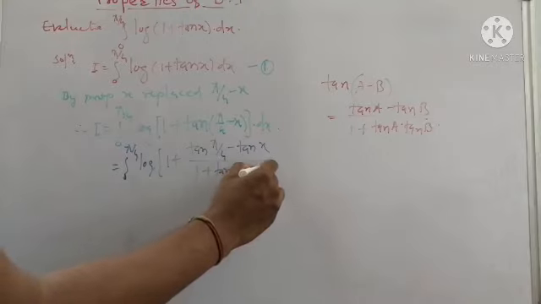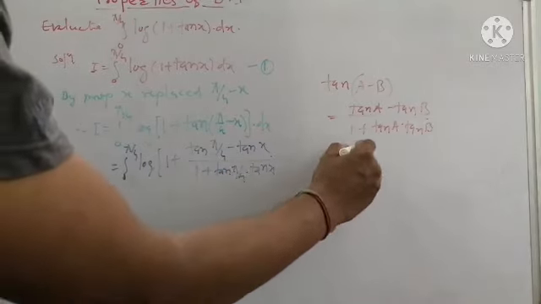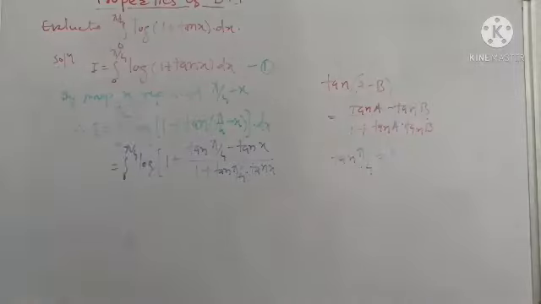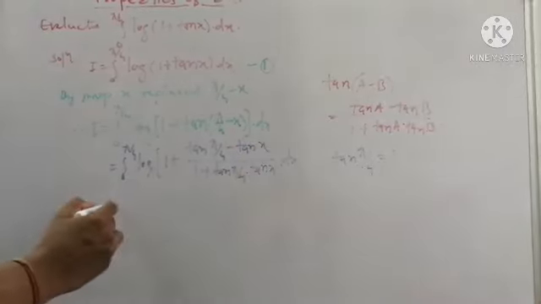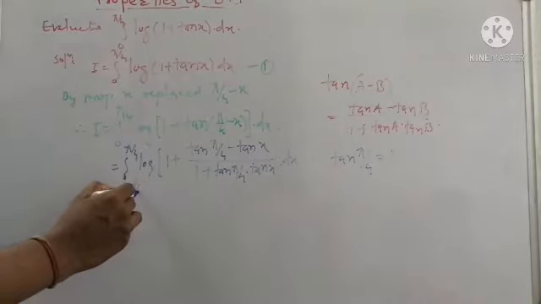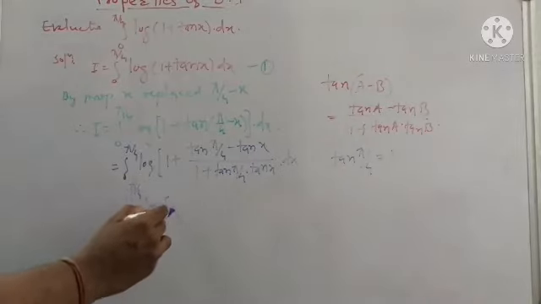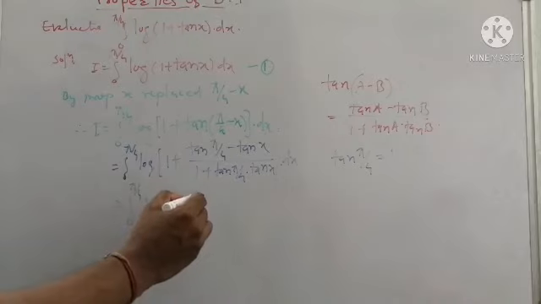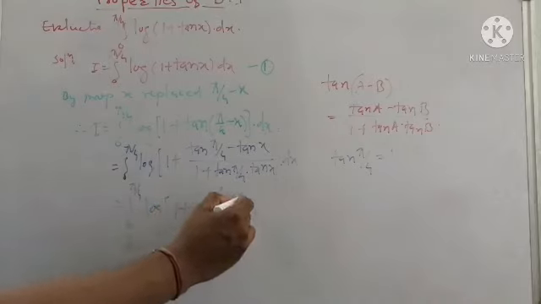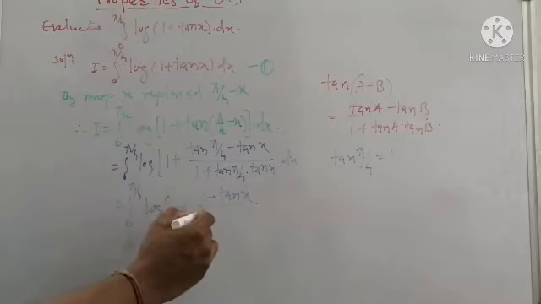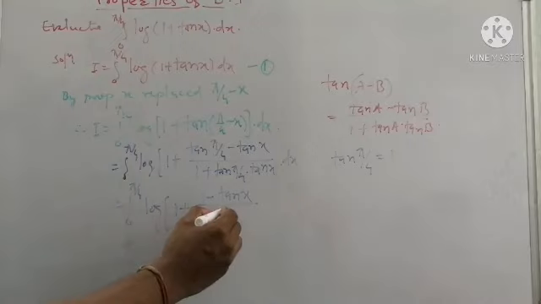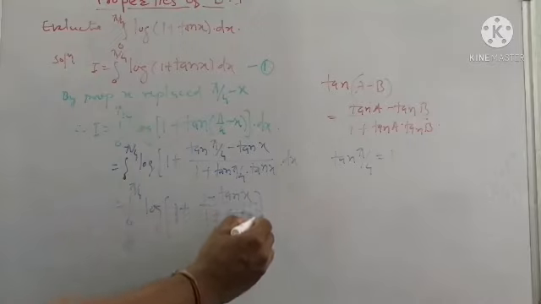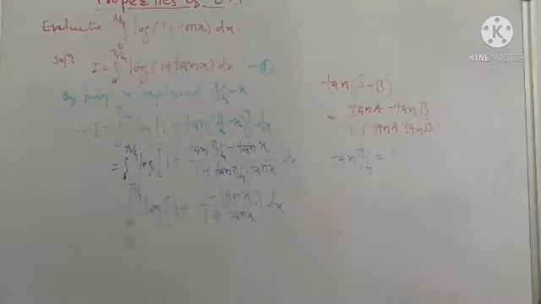Now tan of pi by 4, actually pi by 4 is 45 degrees, and tan pi by 4 is always 1, so we take the value of tan pi by 4 in the integral. So integration from 0 to pi by 4 of log of bracket 1 plus, now tan pi by 4 in the numerator, in the second term 1 minus tan x remains as it is, and in the denominator 1 plus tan pi by 4, which is 1, into tan x, we get tan of x. Now we make the algebraic simplification here.